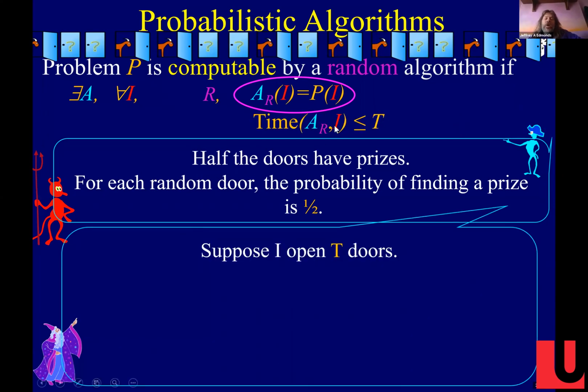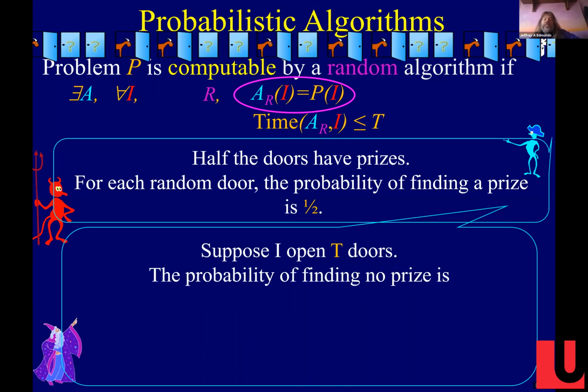Now suppose I open up T doors. Let's say our running time is going to be T. I'm going to keep opening doors until I find a prize, since I only need one prize.